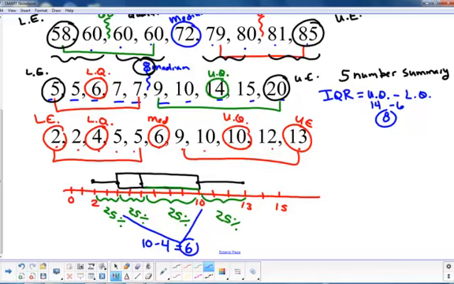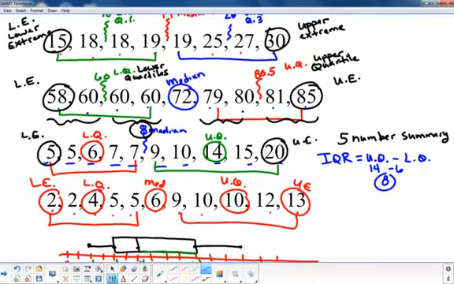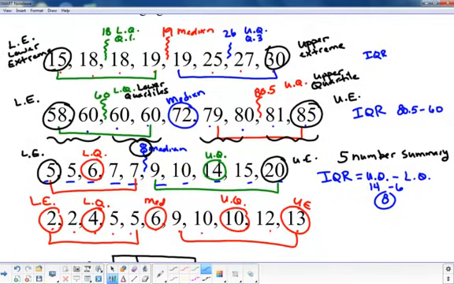And the one before, our interquartile range is 80.5 minus 60. And right here, our interquartile range is 26 minus 18. It is best to write your quartiles as one number.